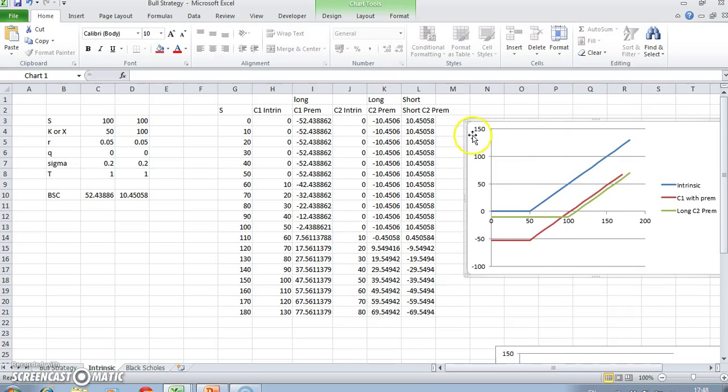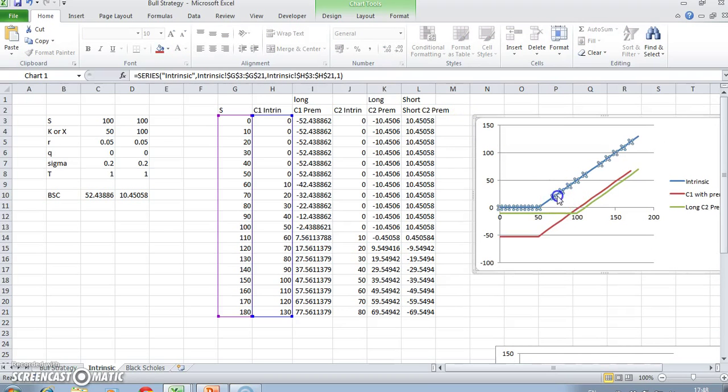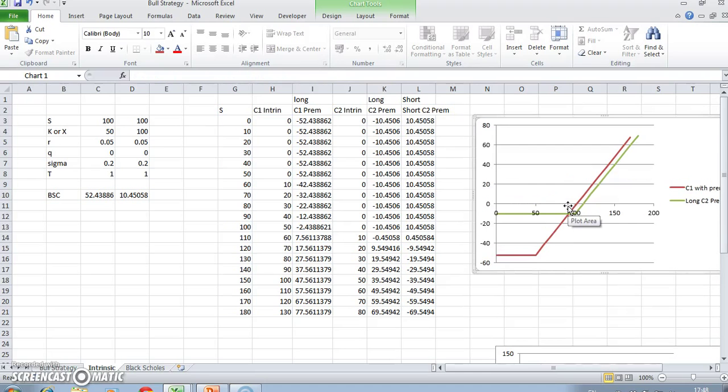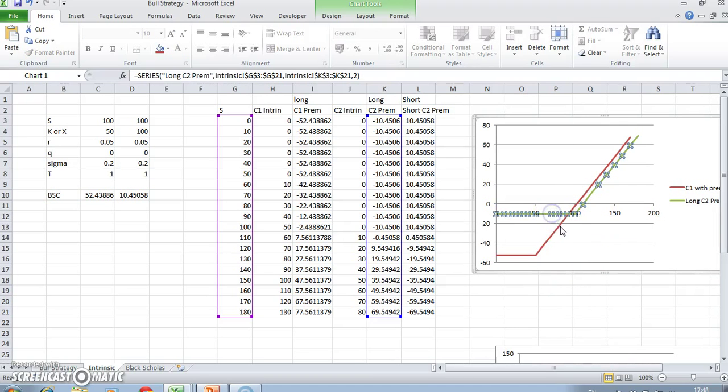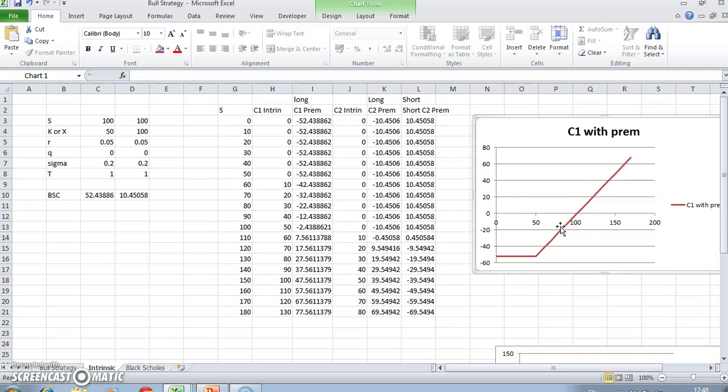And what we might do is say, okay, this blue I no longer need, and instead of the green, I actually want this one here, the short position.